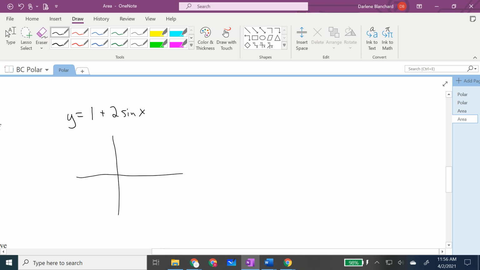So we have sine multiplied by 2, so a stretch. And then everybody moved up 1 unit. So the sinusoidal axis is 1. And then the amplitude is 2.